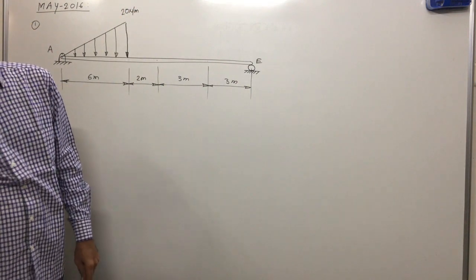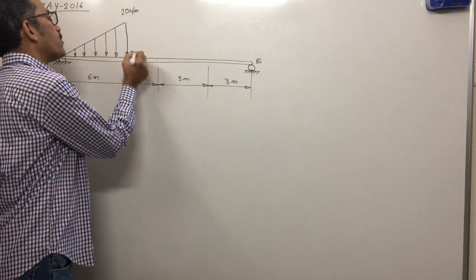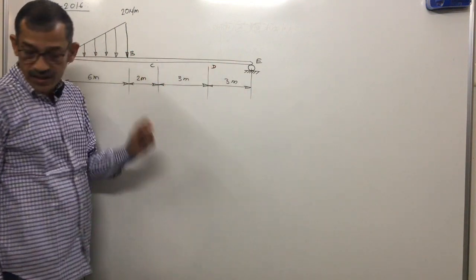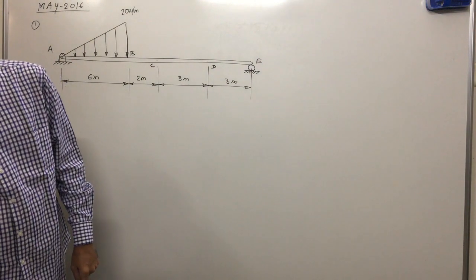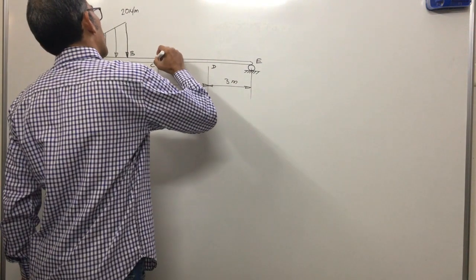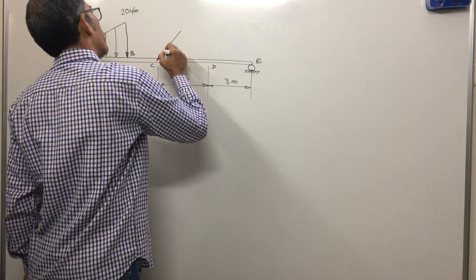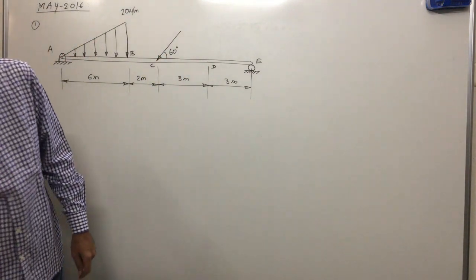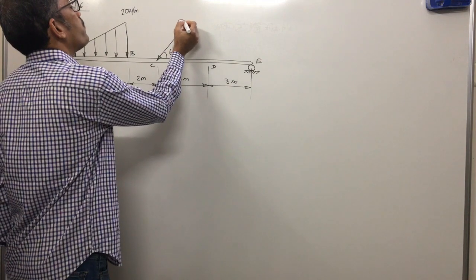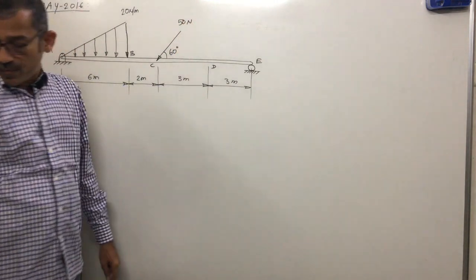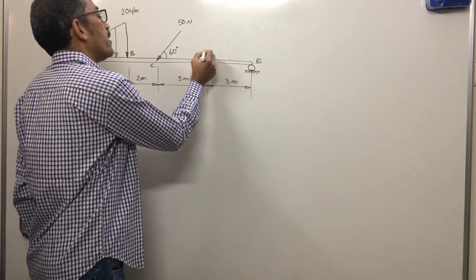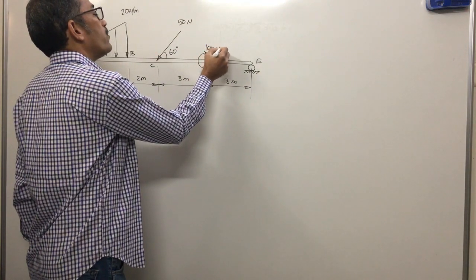The name of this point is B, this point is C, and this point is D. At point C, one point load is acting, inclined at an angle of 60 degrees, with a magnitude of 50 Newton. And at point D one couple is acting, clockwise, of 100 Newton meter.